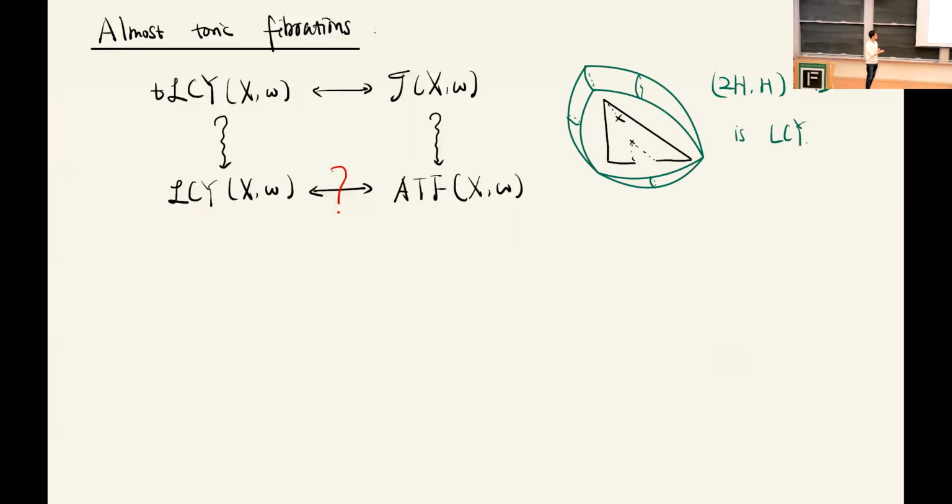For people who don't know what an almost toric fibration is, you can just think of it as a convex polytope, but there are some more general singularities, which are focus singularities, and there are some kind of triangular cuts on the boundary.